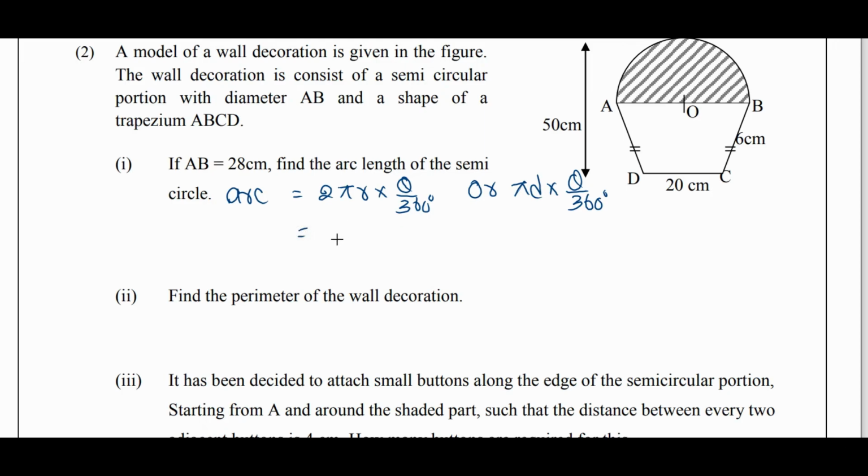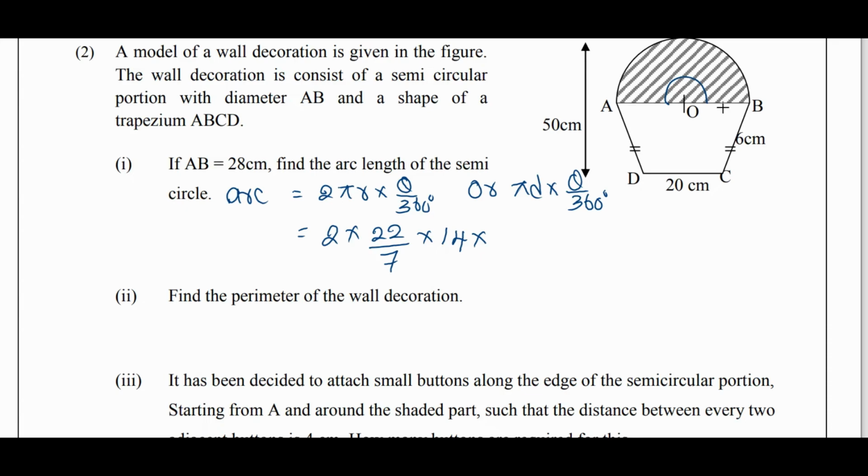I will use the 2 pi r, then 2 into pi, we can write 22 over 7 into r. AB is 28, means diameter is 28, then the radius should be 28 divided by 2, then it will be 14 into theta.